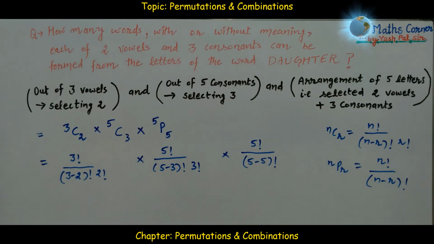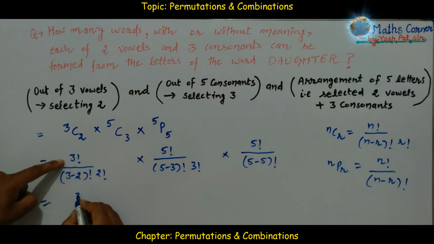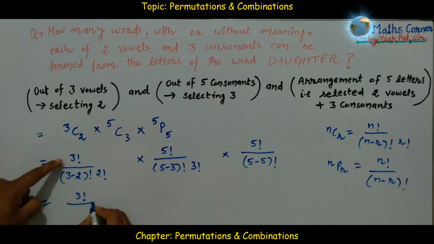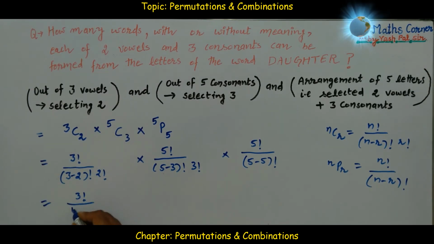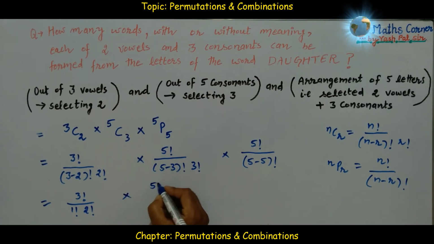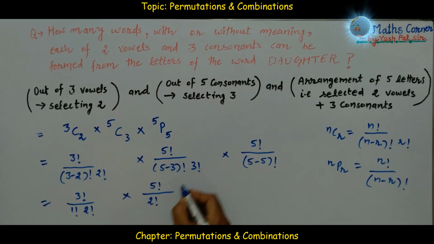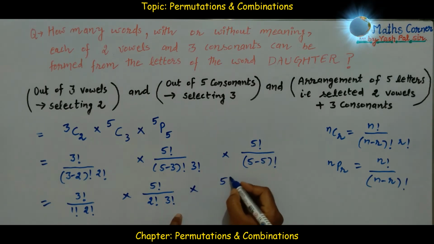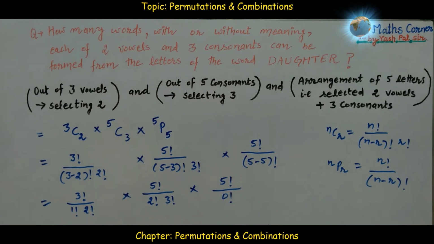Okay, now further we have this equal to 3 factorial divided by (3 minus 2) factorial, which is 1 factorial, into 2 factorial, into 5 factorial divided by (5 minus 3), meaning 2 factorial into 3 factorial, into 5 factorial divided by (5 minus 5), which is 0 factorial.